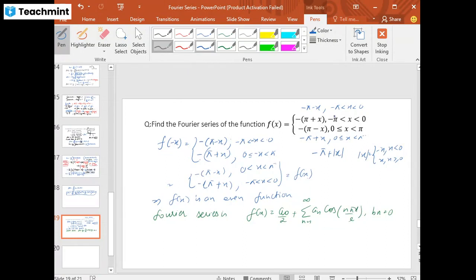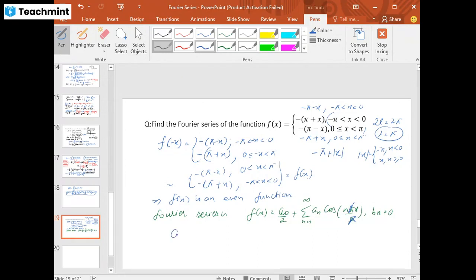Again, in this case, your interval is minus pi to pi, so the length of the interval is 2 pi, that is L is pi. If L is pi, it means it is cos nx. So this time we need to calculate Fourier coefficients A naught and An only.